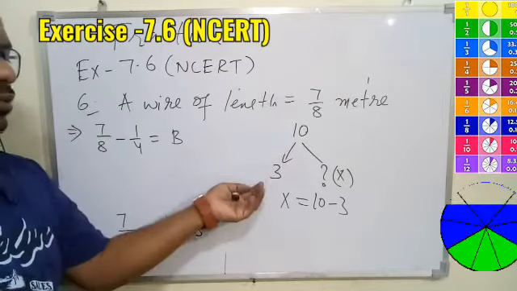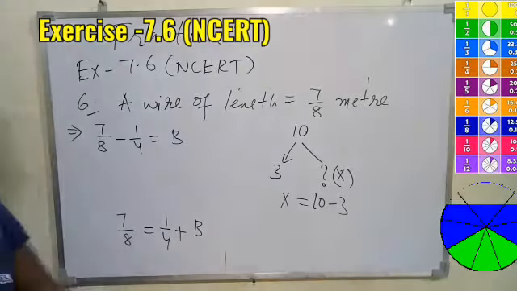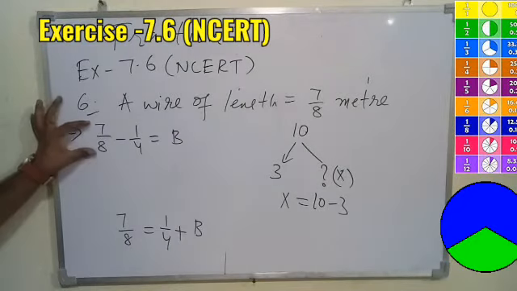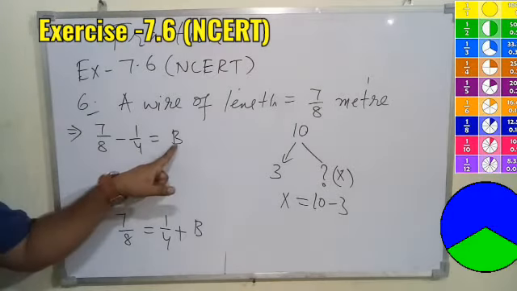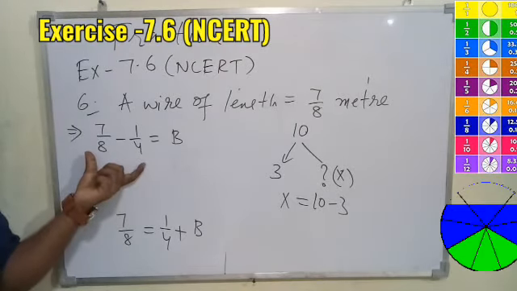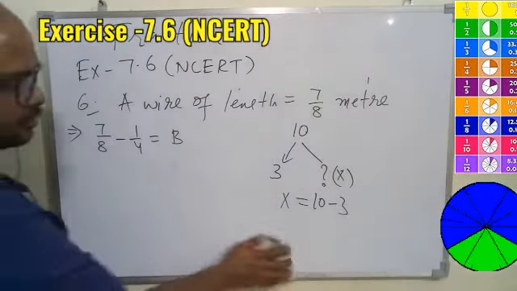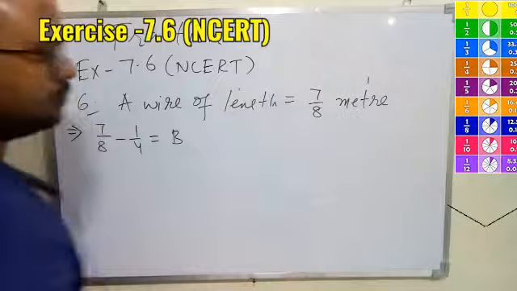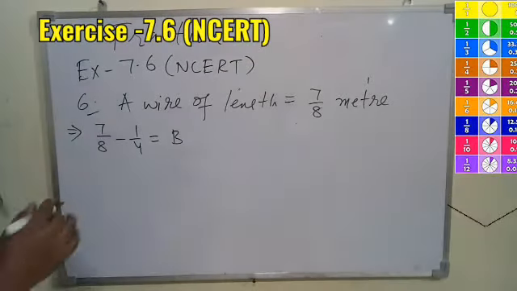Yes or no? So if you subtract 3 from 10, you will get the other one. Same thing we are doing here. We had 7 by 8 total. 1 by 4 is the first part. The second part will be the difference of both. So same concept we are applying here. From the total we are subtracting the one part to get the second part.